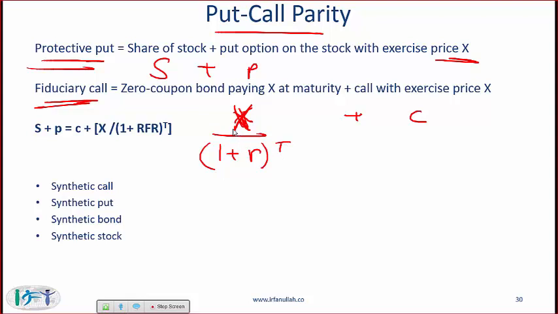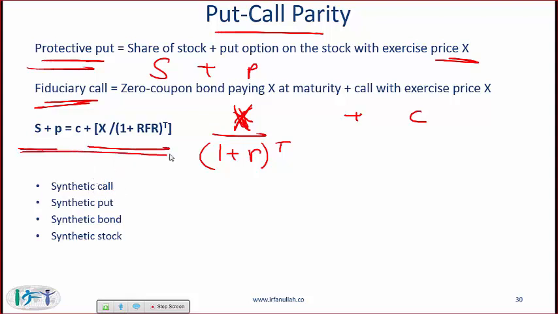According to put call parity, the protective put is equal to the fiduciary call. If this condition doesn't hold, then we have an arbitrage opportunity, which we will discuss on the next slide. Now, what do these synthetic calls and synthetic puts mean?